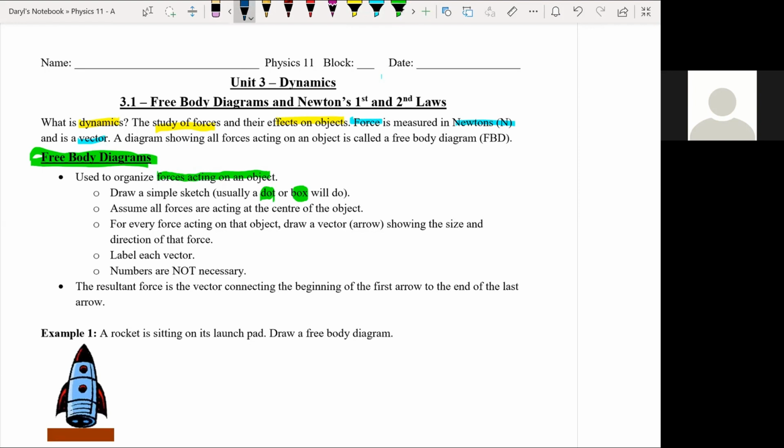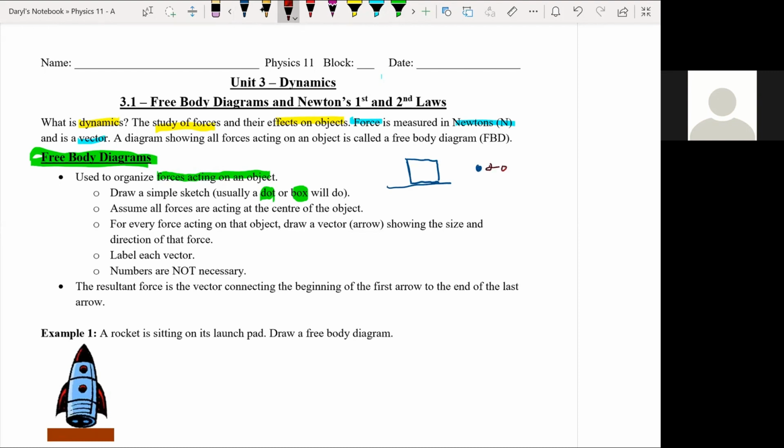If you have an object lying, for example, what would be the forces acting on this box lying on the surface? If I'm going to draw my free body diagram, I'm going to represent my object as a dot. This is my object.